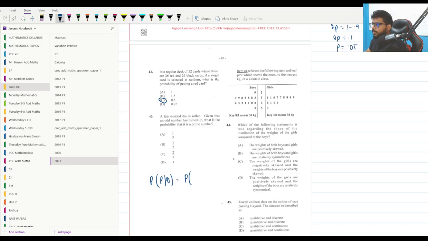It's going to be the probability of prime and odd over the probability of odd. Prime and odd is going to be 3 and 5, and odd is going to be 1, 3 and 5, 2/3.